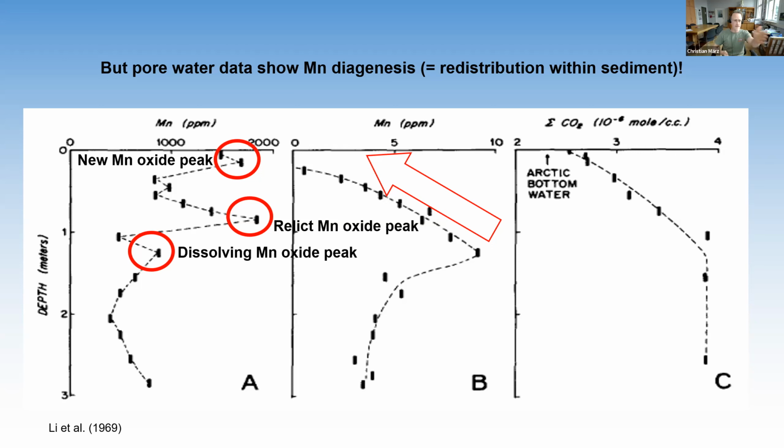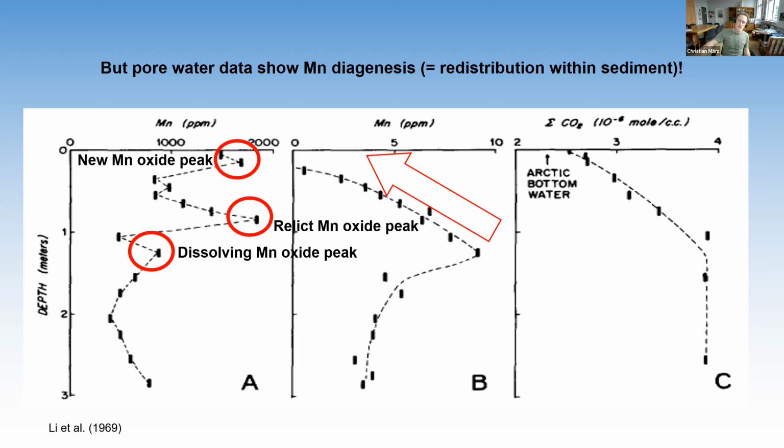So you have here on the left-hand slide a manganese peak that exists, but it's not very high. It's this lowest peak, and that is associated with a peak in pore water manganese, which means pore water is enriched in manganese. That can only happen if manganese oxides dissolve.